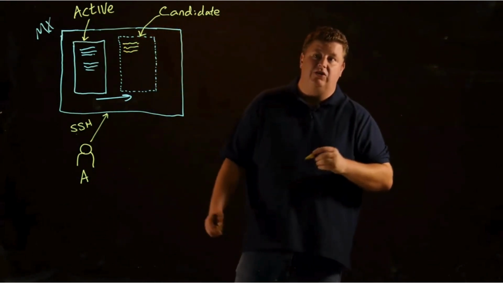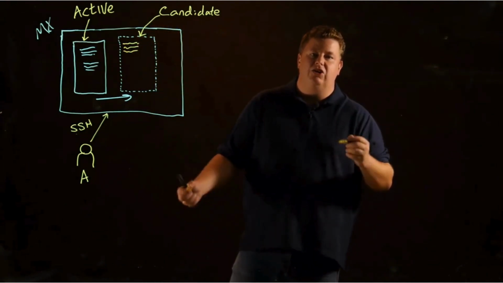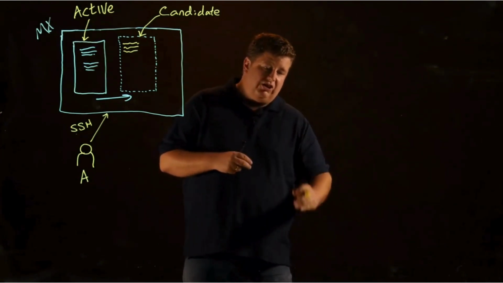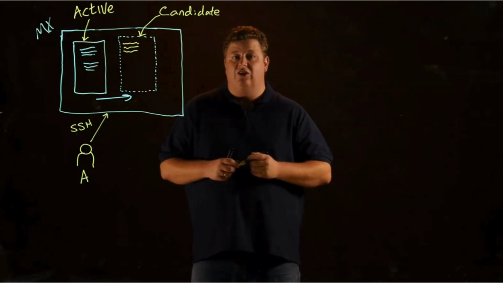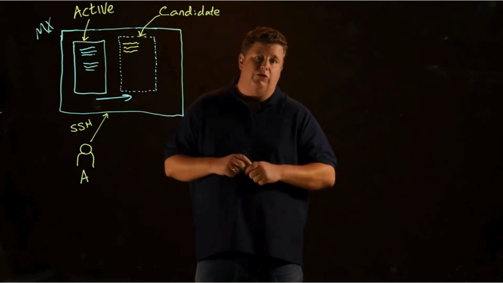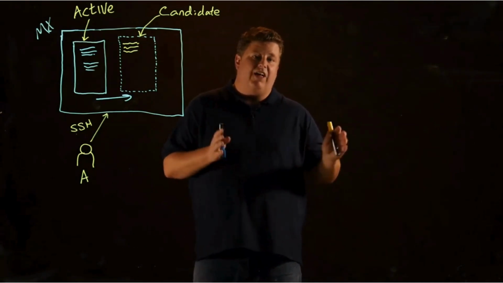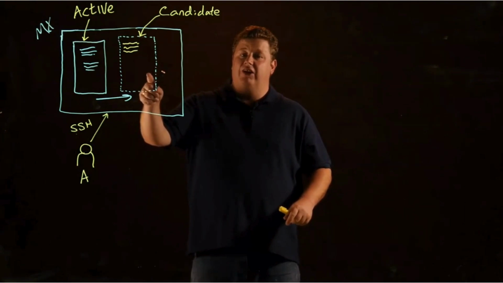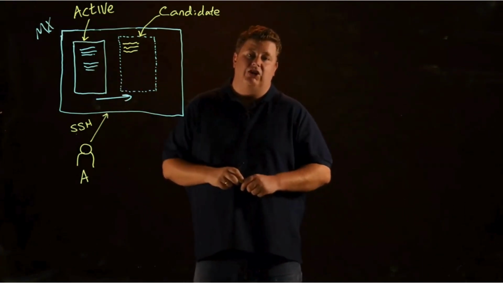Maybe they change the host name of the box. Maybe they add a new user. If they type commit, all of that configuration is going to be checked, or sanity checked, I should say, for some basic conflicting configuration statements that are not allowed from Junos' point of view. And then if that check is good, then what was the candidate configuration will become the active configuration.